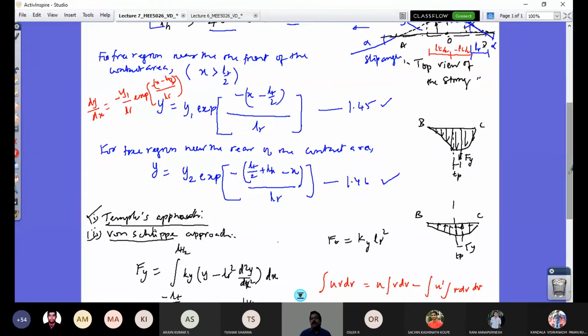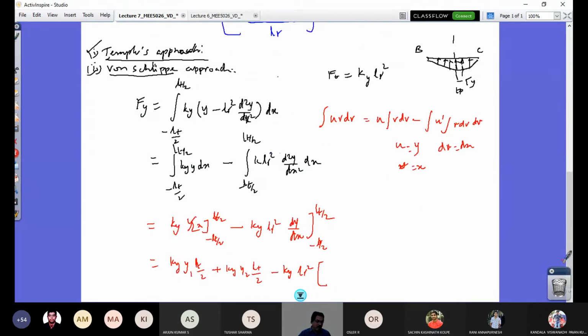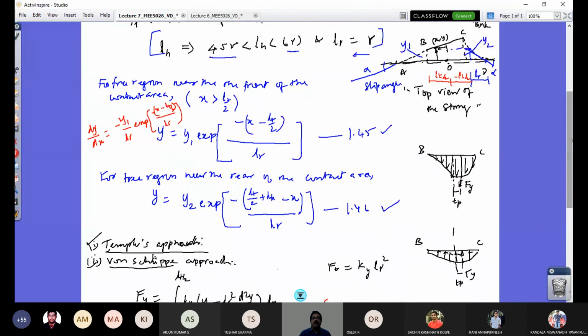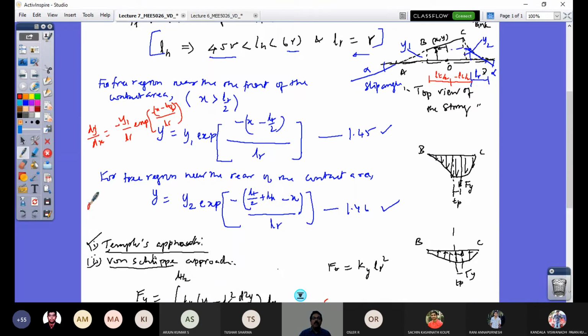Similarly, dy by dx at x equal to minus LT by 2 will be y2 by LR, the same way.